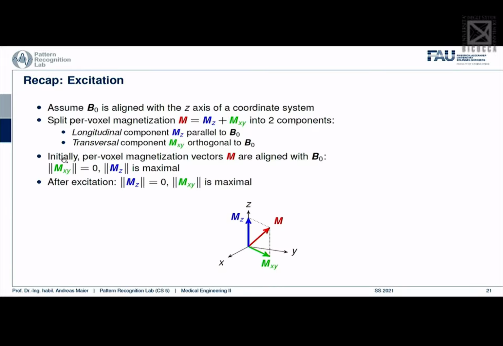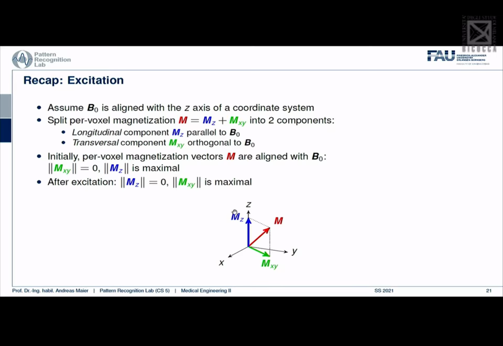Initially, the perpendicular one is 0, and the net magnetization is maximal along the field. After the excitation, sorry, it's the opposite. It's 0 along the main magnetic field and maximal in the other direction.